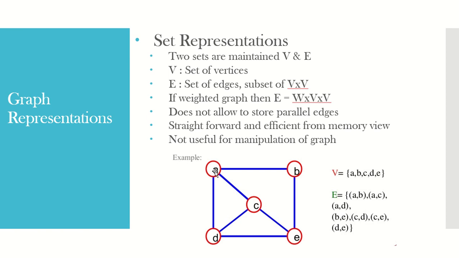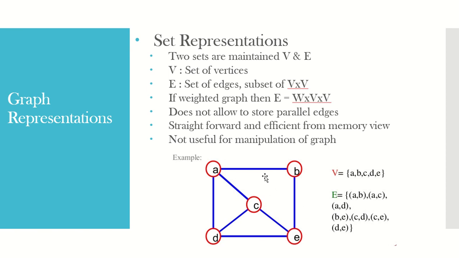Then you have an edge connecting A to C, represented as the ordered pair AC. Then another edge connecting A and D, represented as the ordered pair AD. Moving further, you have DE, CE, BE, and CD also, sorry. So that comprises the set of all edges.